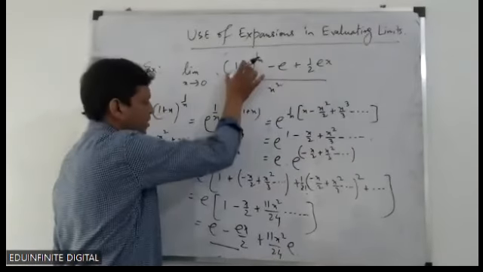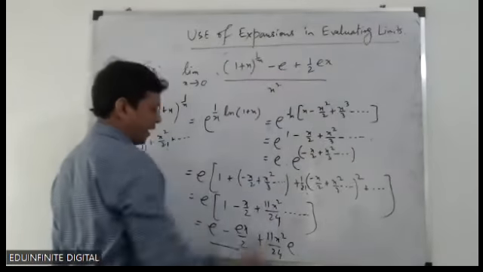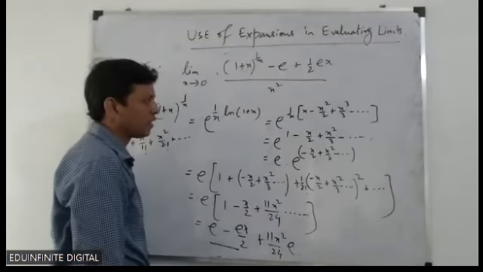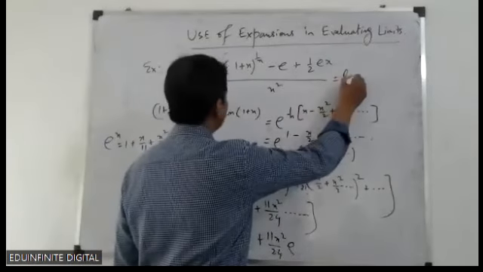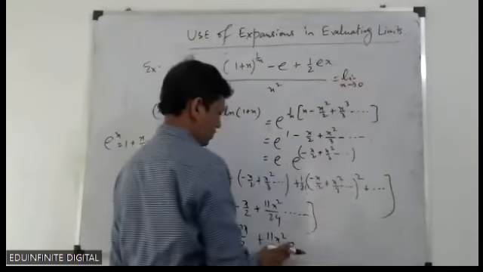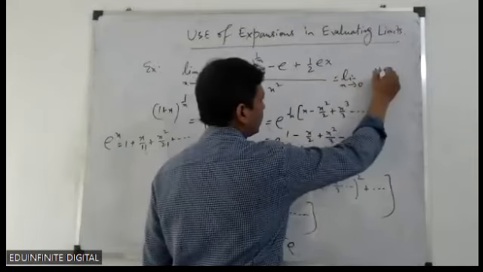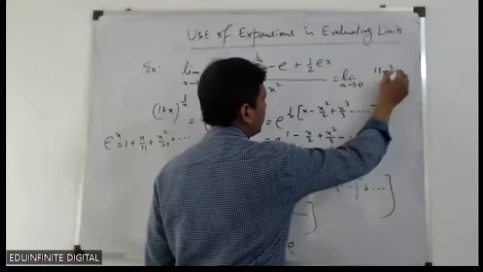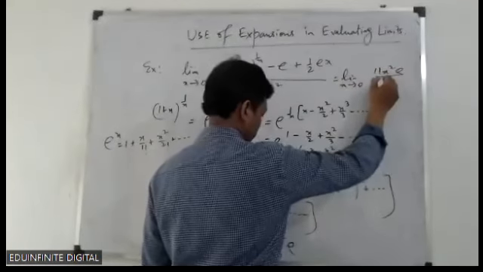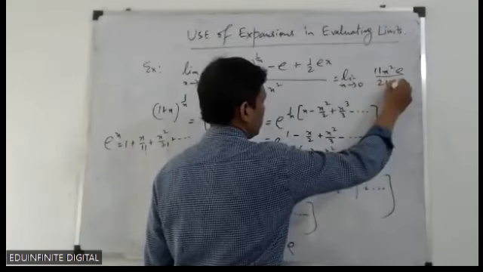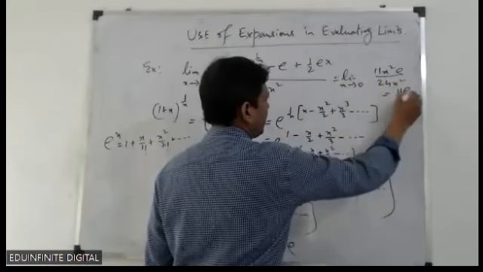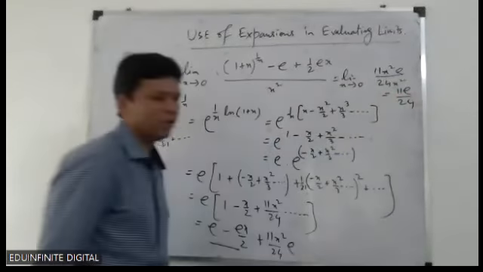If you replace this by this, these two terms get cancelled. So you remain with this one. So your answer is 11e by 24.